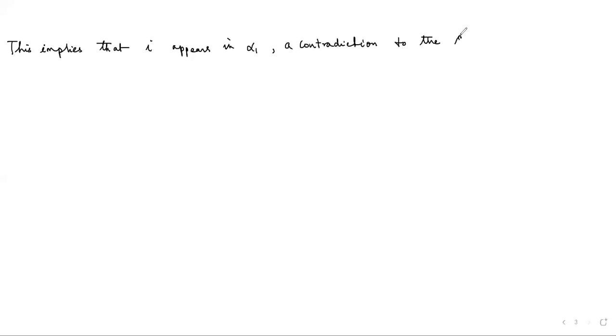This implies that I appears in alpha 1, which is a contradiction to the choice of I. So actually you can identify that this proof is a proof by contradiction.